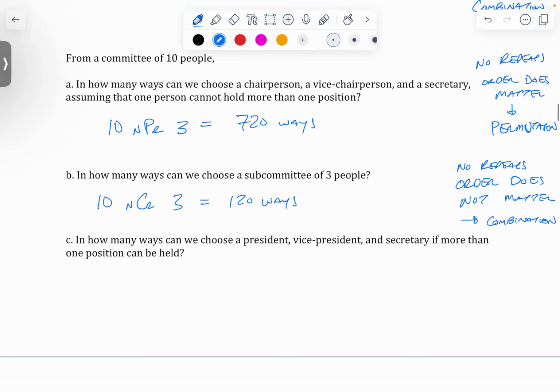And lastly, in how many ways can we choose a president, vice president, and secretary if more than one position can be held? So like I said, usually with humans, repeats are not allowed unless something like that is explicitly specified, because that is saying repeats allowed, which means that is the power rule.